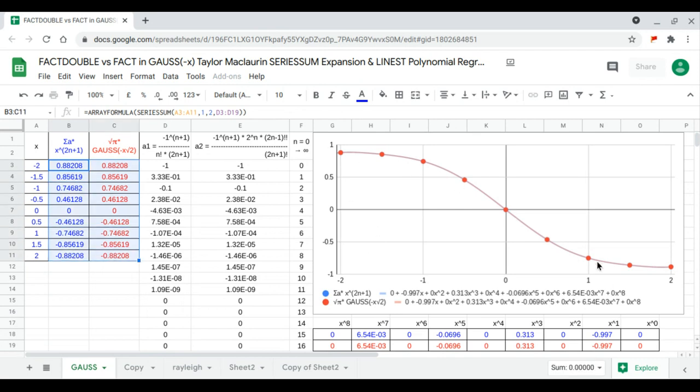The trend lines are still the same. The polynomials are still the same. And the polynomial regression coefficients are still the same. This completes the use of double factorial in generating the expansion of the Gauss negative x function using Taylor-Maclaurin series sum and LINEST polynomial regression.